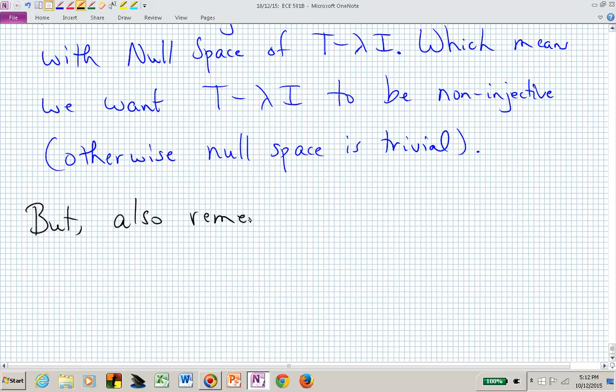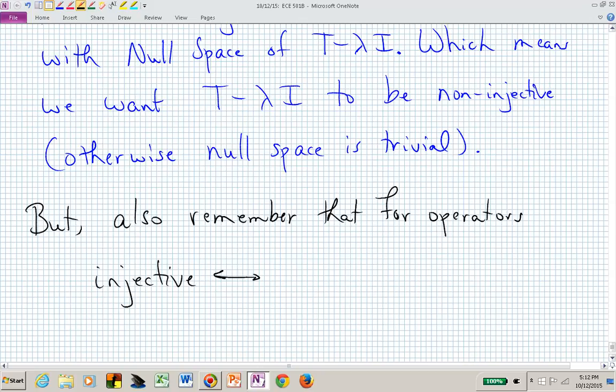Also remember that for operators, injective if and only if surjective if and only if invertible.